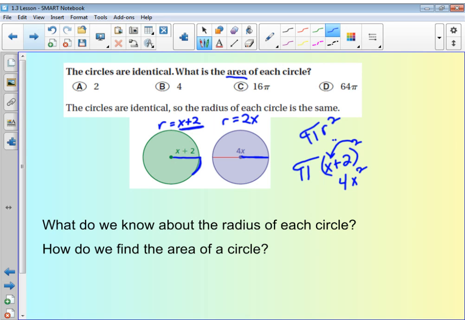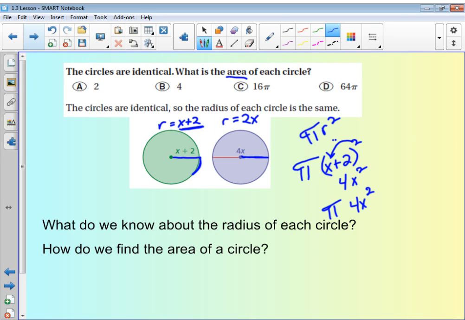So 4x squared. Okay, so then let's go through and substitute in on this one. So r squared, 2 squared is going to be 4x squared. I'm getting 4x squared on each of these times pi. And we've already squared what the radius is. So it says the circles are identical, so the radius of each circle is the same. What is the area of the circle?